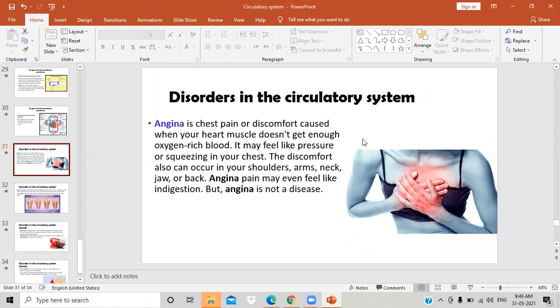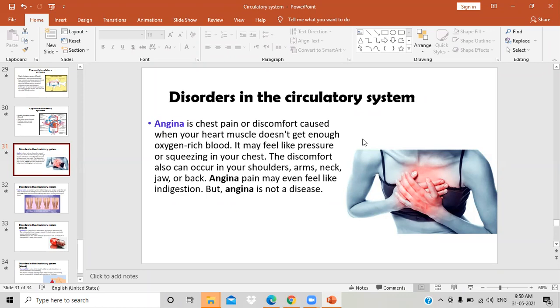Due to a lot of reasons, sometimes the heart muscle, you know that the heart is a muscle, does not get enough oxygenated blood. Like what? For example, people who do not exercise, who eat junk food all the time and a lot of fatty food.